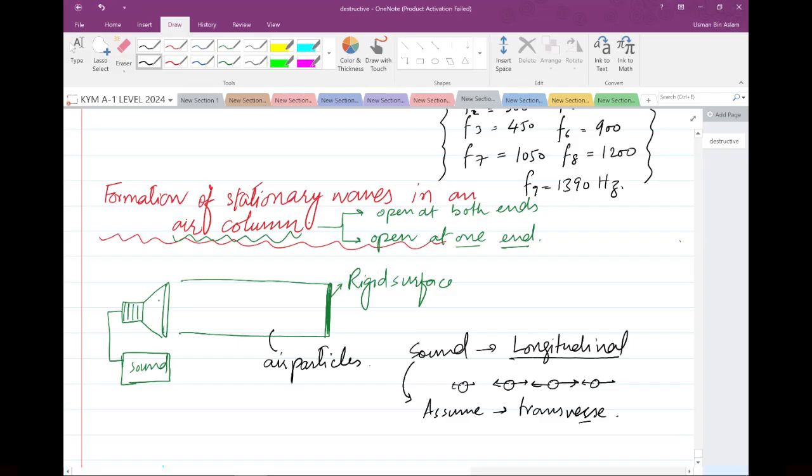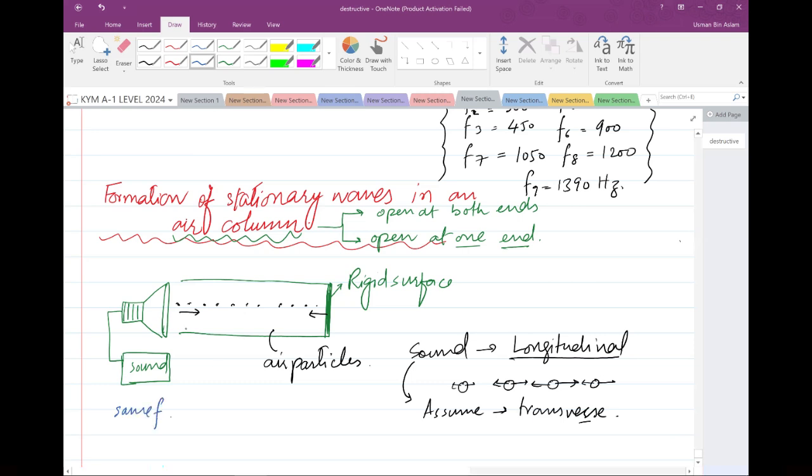Right now, there will be different particles here, a lot of air particles. When sound travels through these air particles, it is going to travel towards the right, then it's going to get reflected from the rigid surface, and then it's going to travel towards the left. So the wave that travels towards the right and the wave that travels towards the left are both going to have the same frequency.